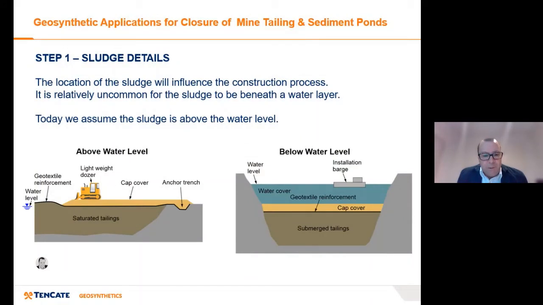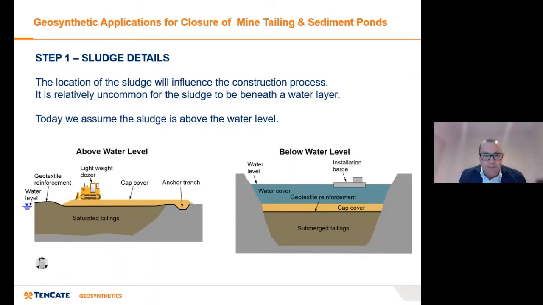The other influence will be where exactly is the water in relation to the sludge. So on the left hand side you can see there the water level sitting pretty much at the saturated tailings level or just below, whereas on the right hand side there are going to be mining ponds where there might be 3 metres of water depth or 5 metres of water depth above the tailings or the sludge.